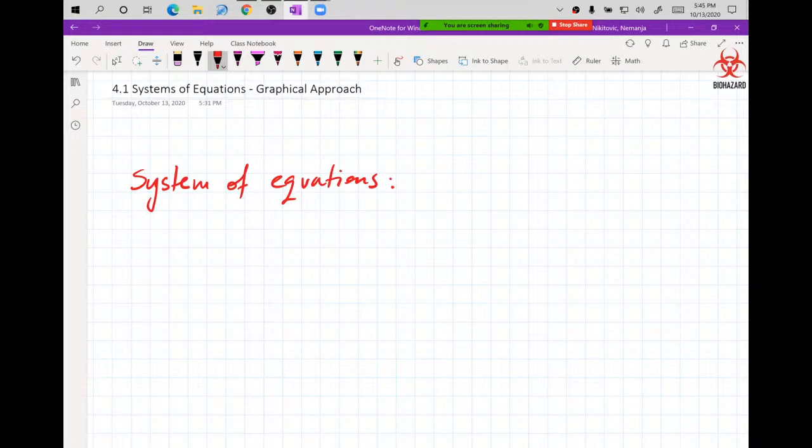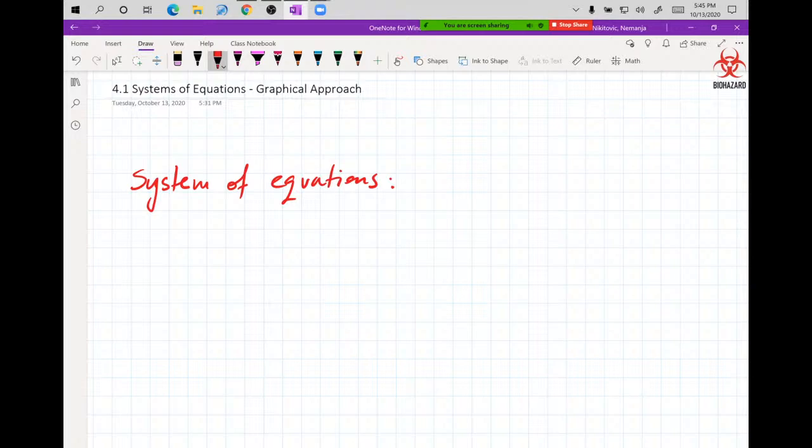So in our case, for our class, it's going to be a pair of two equations whose solution is going to be either a point or a line or infinitely many points. So let's take a look. Oh, sorry, or no solution.